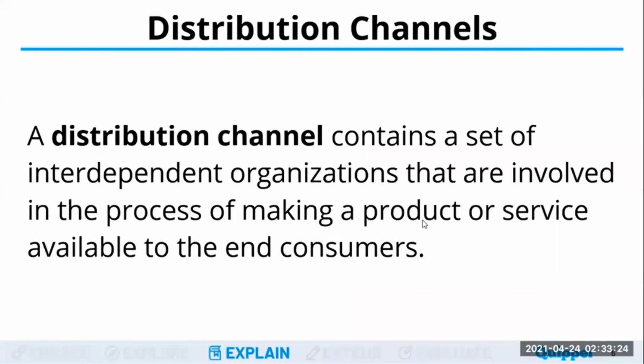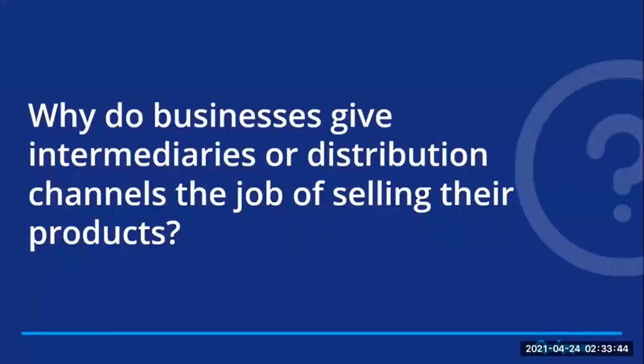So when we say distribution channel, it contains a set of interdependent organizations that are involved in the process of making a product or service available to the end consumer. So distribution channel, meron tayong distribution planning. Why do business give intermediaries or distribution channel the job of selling their products?